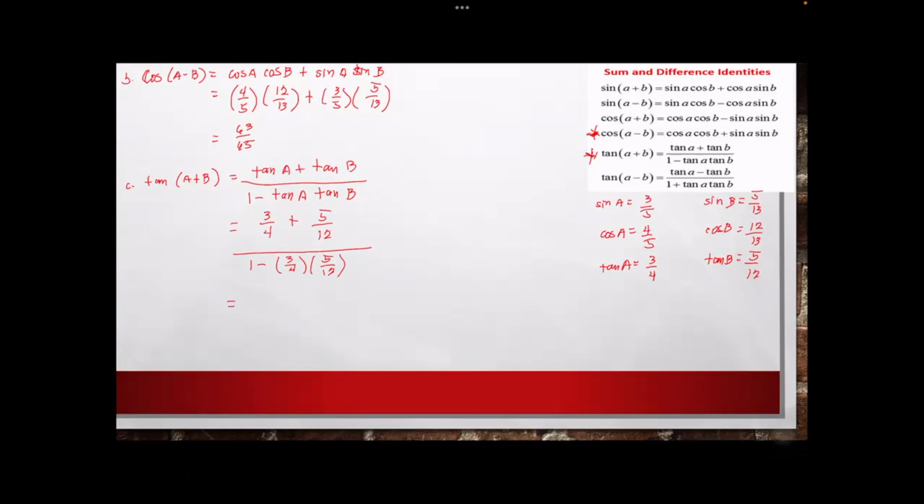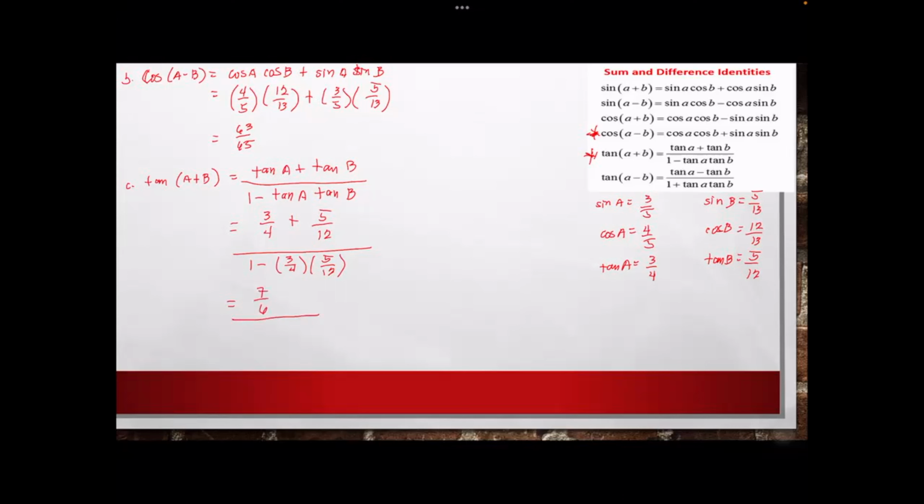Now, yung nasa taas, makakaroon tayo ng 3/4 plus 5 over 12. This will be 7 over 6.